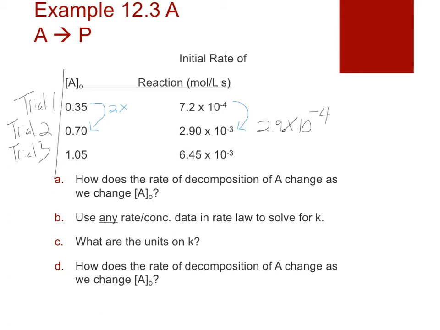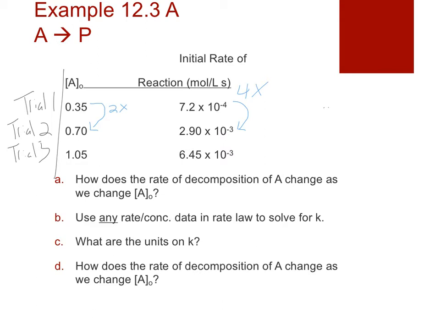Well, 7.2 compared to 2.9 shows me that that's going to be 4 times bigger. So what order is going to affect that? What order says when my concentration doubles, my rate quadruples? Well, that's a second order equation.